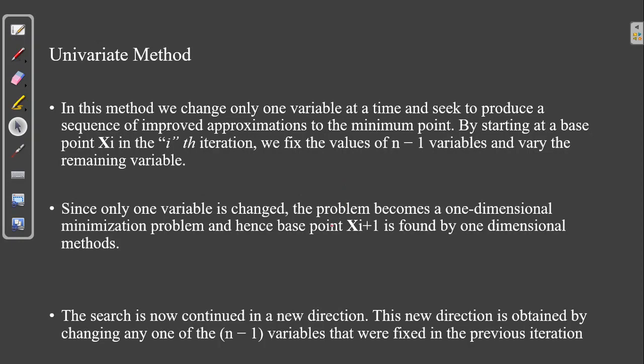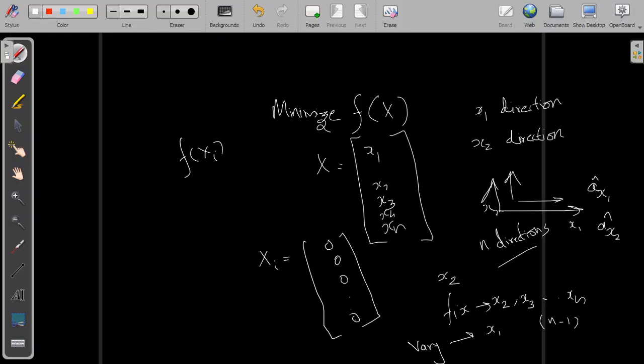In the next step, since only one variable is changed, the problem becomes one-dimensional. Say x1 is varied. We will have some model f of xi like x1 square plus x2 x1 plus x3 x1.